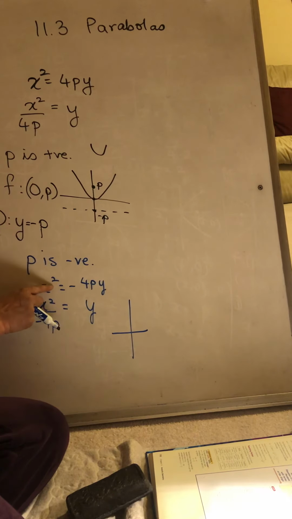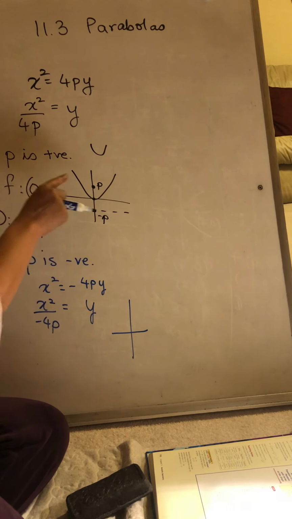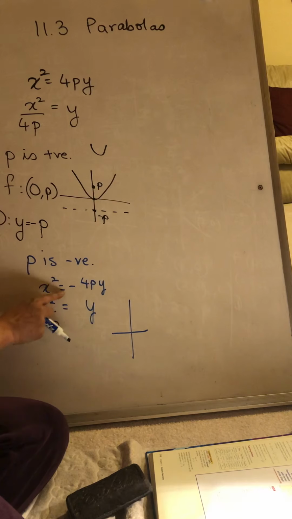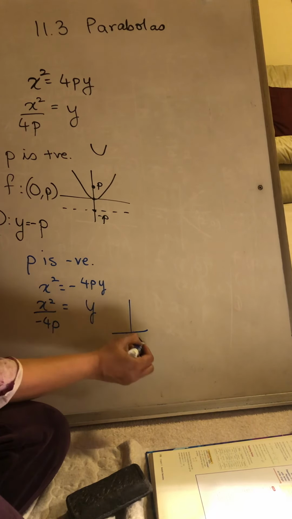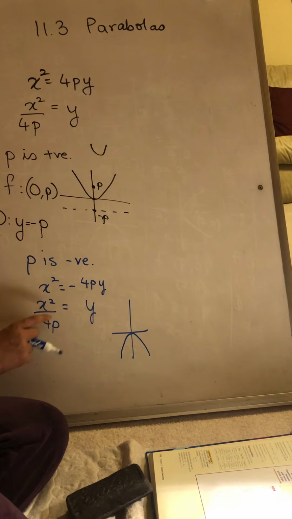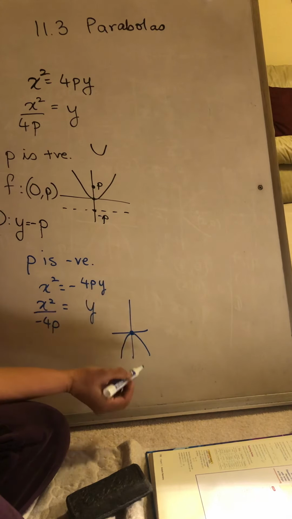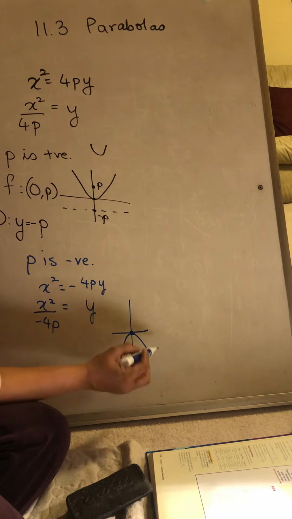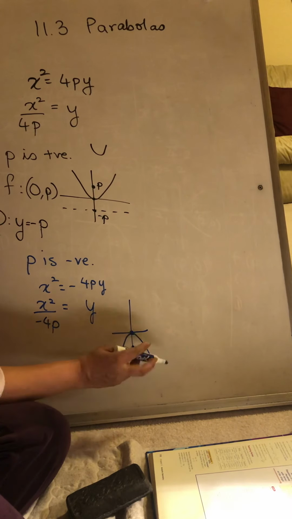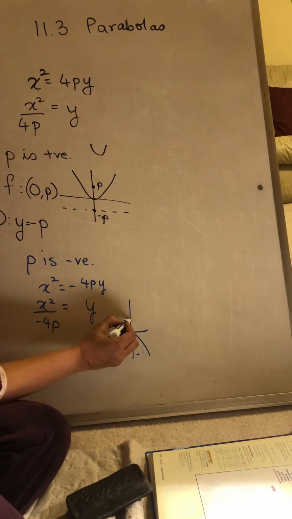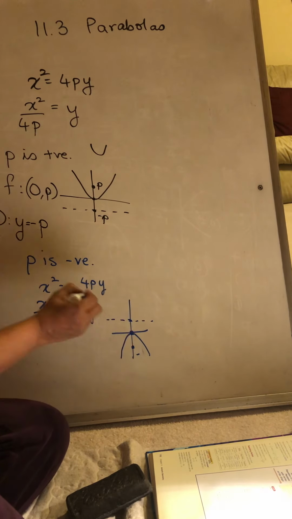One thing for sure, x square is quadratic, which means it's either up or down. But this negative tells me it is down, right? The negative tells me it's facing down. So which means the focus will be where? The focus will now be negative something, and the directrix will be positive.